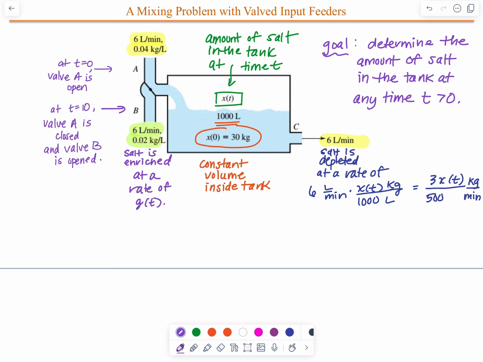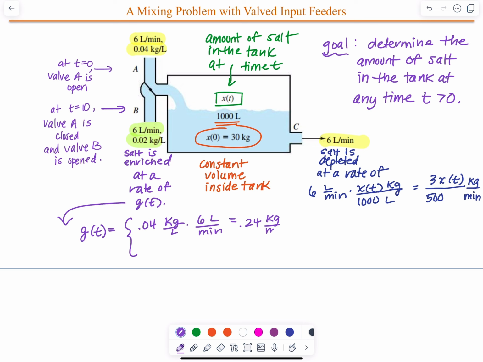And let's go ahead and define G of t. So G of t is equal to 0.04 kilograms per liter, of course multiplied by 6 liters per minute. And we're going to have 0.24 kilograms per minute. And this is from time 0 to 10. And this is, of course, valve A.